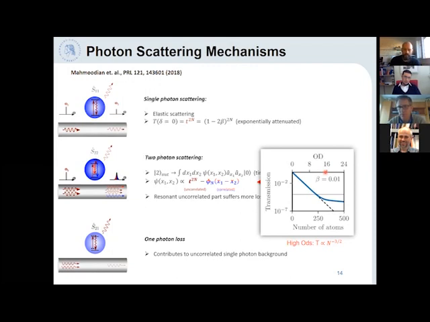It also means that what you get out after a certain number of atoms is over proportionally many correlated pairs. Let me phrase it like that, because remember, there's also one photon loss. So also the correlated photon pairs, of course, will suffer one photon loss, which means that it would be more precise to say that for very large optical depths, all photons that you detect are remaining photons from a correlated photon pair.